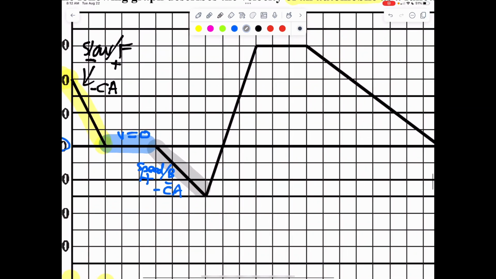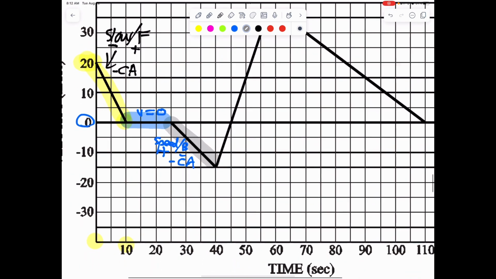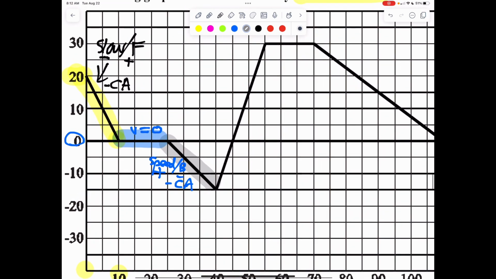Now for the next 15 seconds, from 40 to 55, we have this. You could look at it in two ways. I'm going to split it up into this section here. Here the car is going 15 and then is back down to 0. So what did the car do?